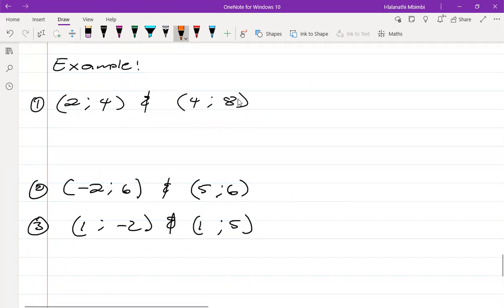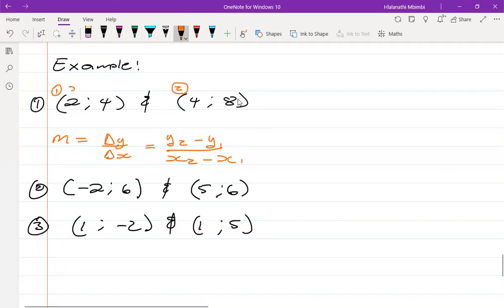So the gradient would still be given by change in y divided by change in x, which is y2 minus y1 divided by x2 minus x1. Now, in your mind, when you deal with these problems and you have 2 points to calculate the gradient of, I'm going to make this the first set of coordinates and this the second set of coordinates.